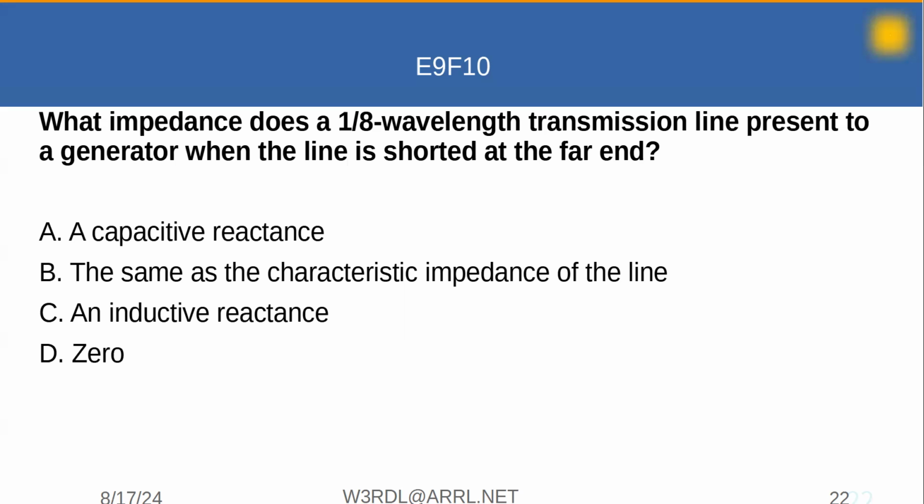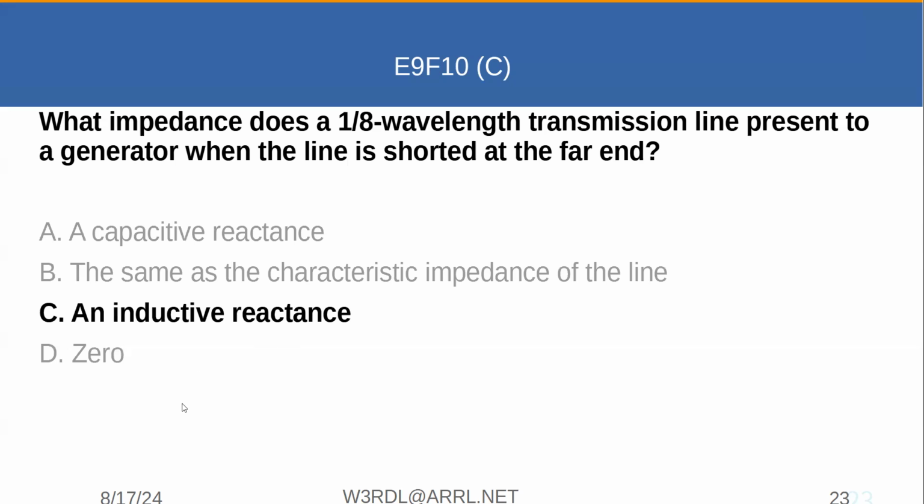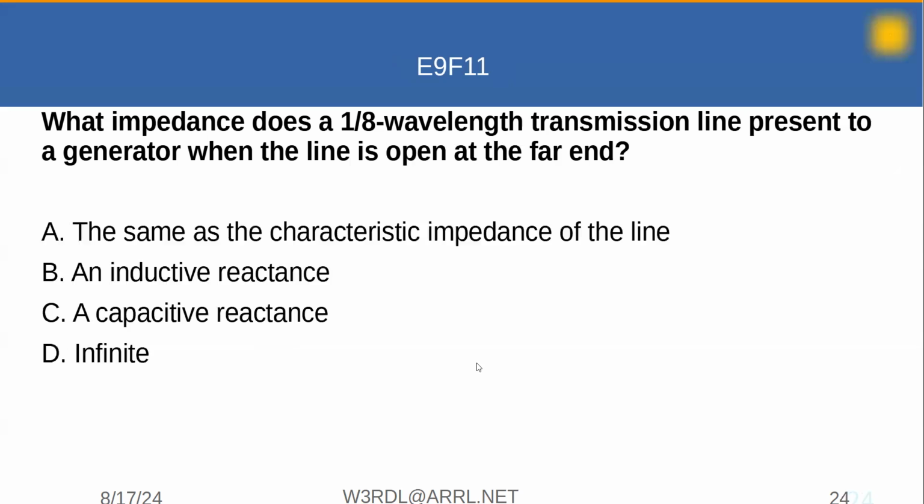It's something that's easy to see on the Smith chart. We're not there yet. So for now, you just have to remember. Make sure you know these two. So what impedance does it have?